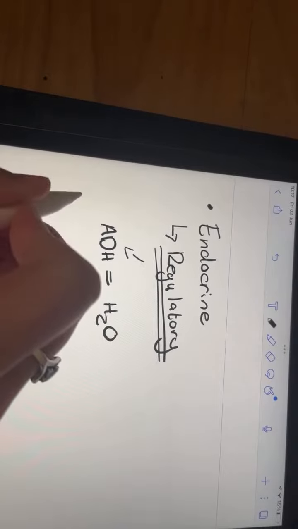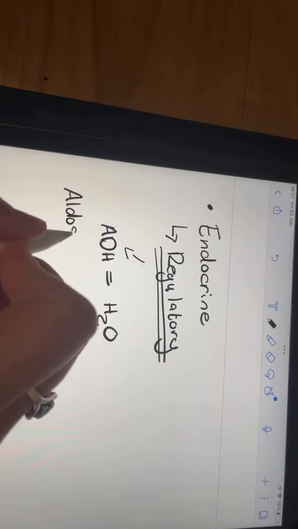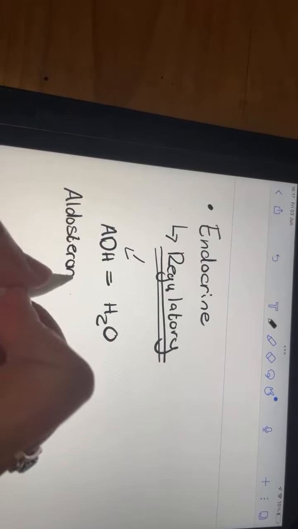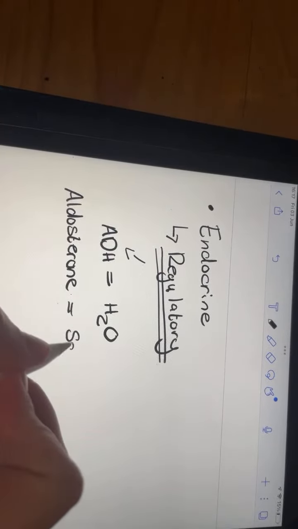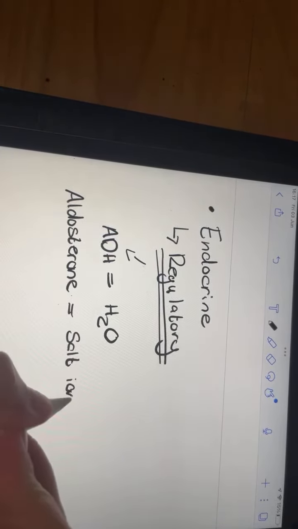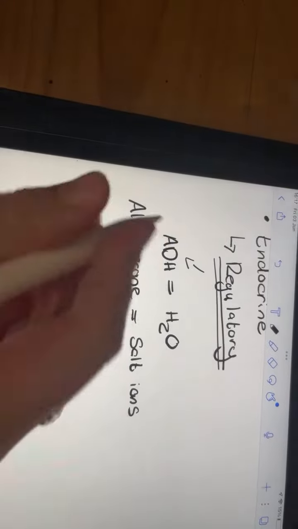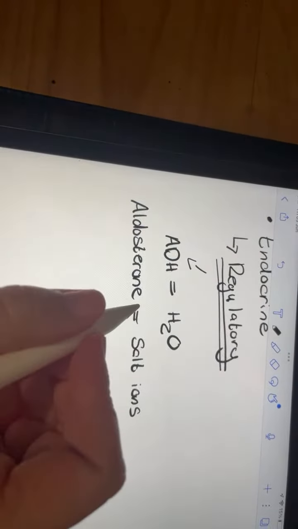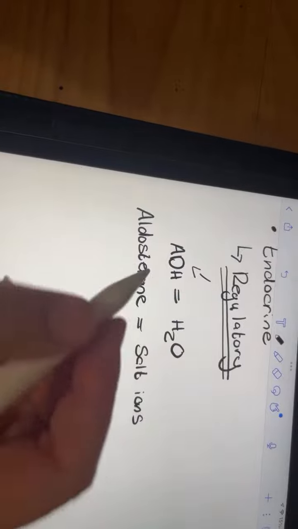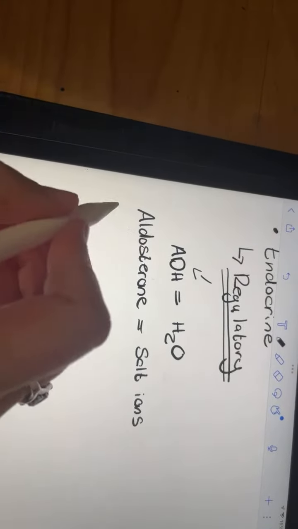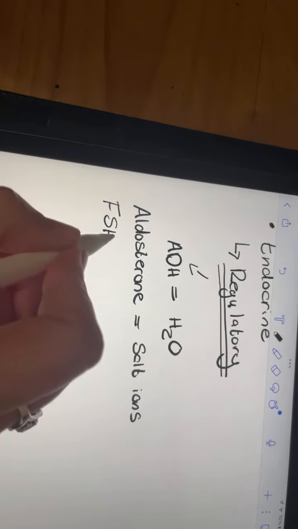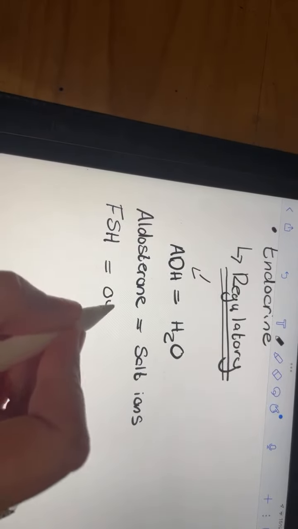You're going to need to know how aldosterone regulates salt ions. What's another one? FSH regulates the ovary.